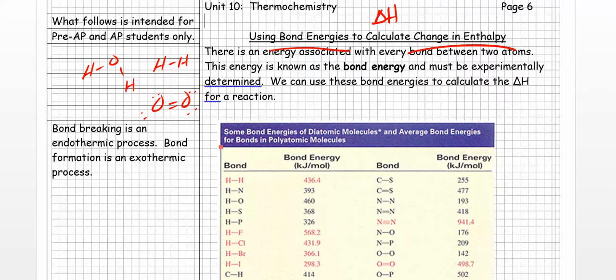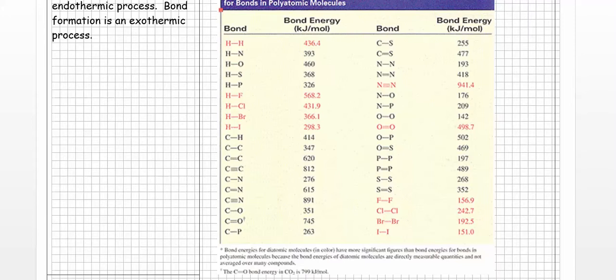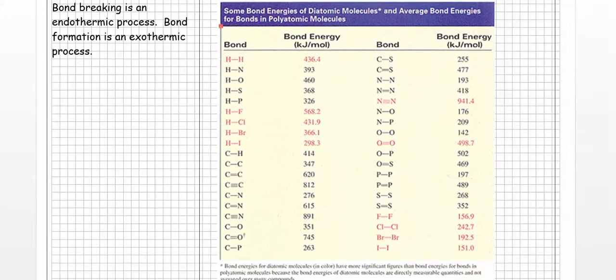Well, we go to a bond table like this one. So this table lists bond energies associated with a number of different bonds, right? So for example, a hydrogen-hydrogen bond is going to have a bond energy of 436.4 kilojoules per mole. In other words, if I wanted to break a hydrogen-hydrogen bond, I would have to provide 436.4 kilojoules of heat for every mole.